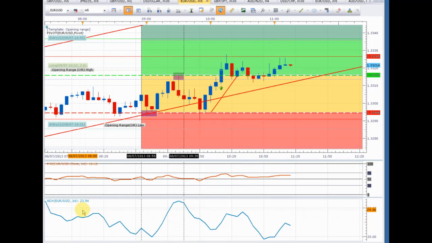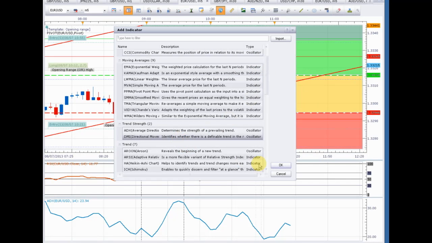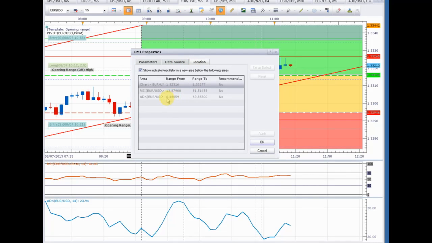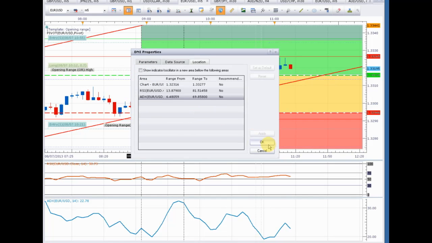Now, see ADX. The other indicator that usually goes on top of it is the DI minus and DI plus, and let me see if that's in here. DMI, yes, and let me click OK. And for location, I want to put it right here, and click OK.